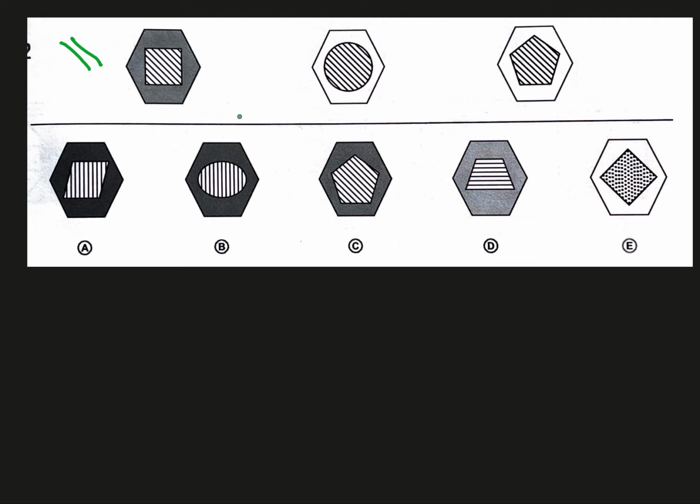So if I use the central figure's slanted line as a pattern, this is not an option because the central figure is a horizontal line, the central figure is dots, the central figure is vertical lines, and here in option A, the central figure is vertical lines. So what I have here is answer option C, because the central figure is a slanted line, nothing else I need to worry about.